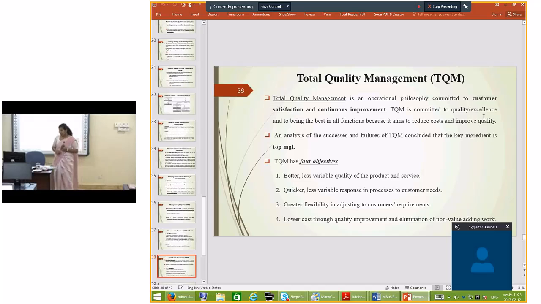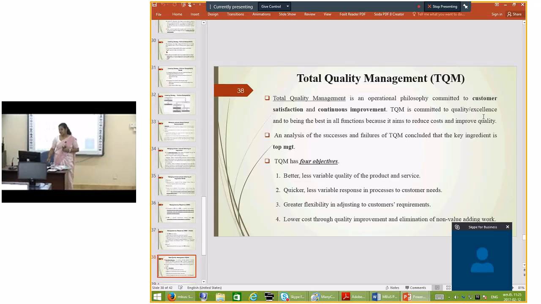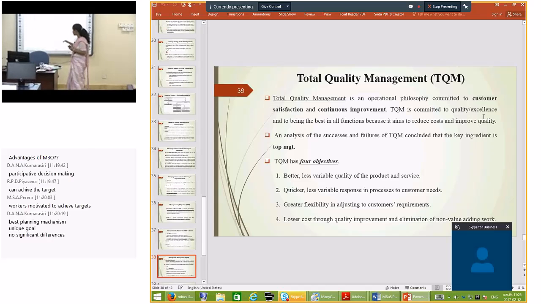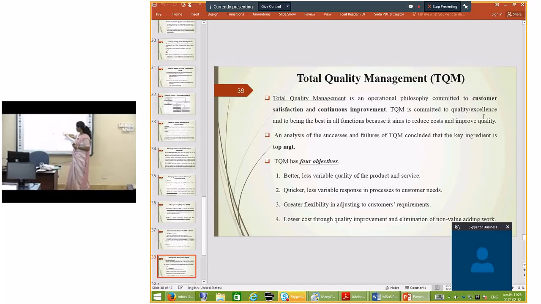Assuming we are a manufacturing company, we manufacture some items. These items should be identical, one item equal to the other. Otherwise, what will happen? Customer complaints may come. They might say yes, this product is good, but this other one is not good. Understood? But in TQM, we try our best to go with high quality, the best quality, with less variable quality of the product and service.